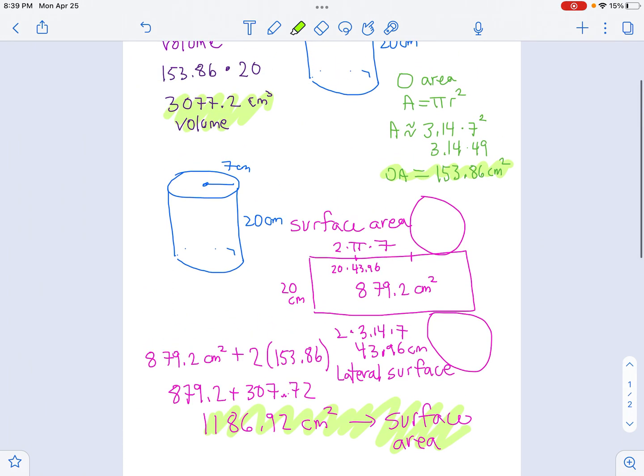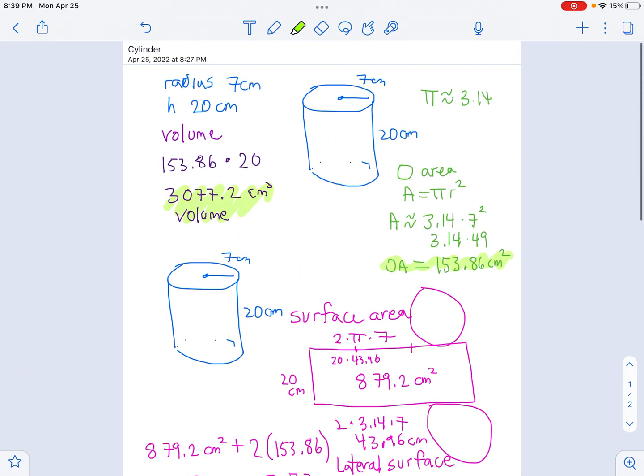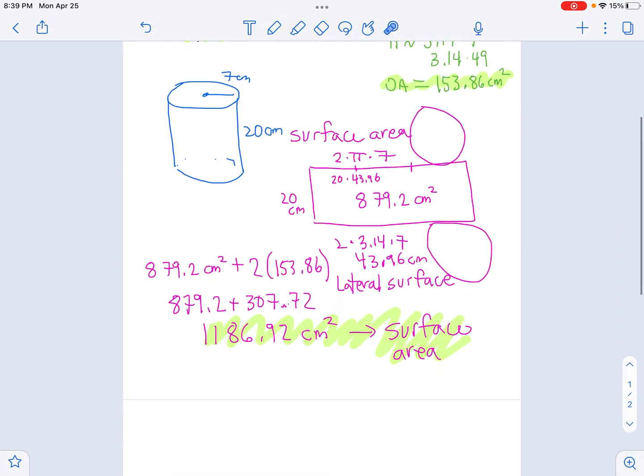Okay, so just to review what we did, first, very important, we found the area of that circle, and we used it twice. We used it for the volume, and we used it for the surface area. The volume was easy. We multiplied the area of the circle by the height of the cylinder and got the volume. Surface area was a little bit harder. We needed to find the lateral surface area, the area of the rectangle.